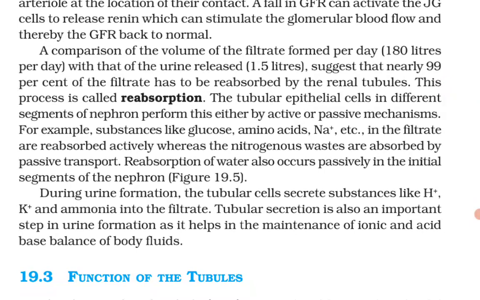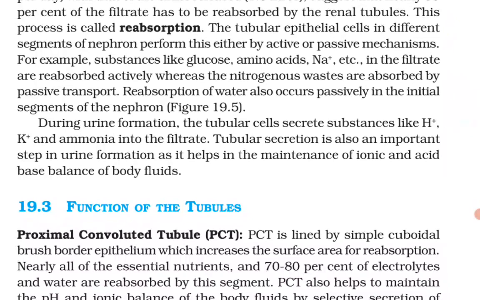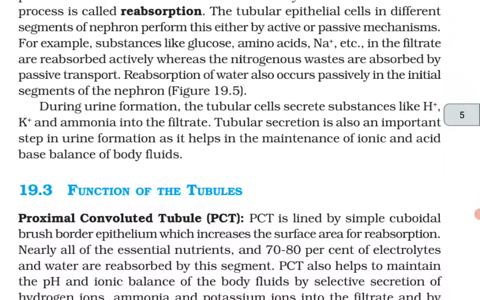For example, substances like glucose, amino acids, Na+, etc. in the filtrate are reabsorbed actively, whereas the nitrogenous wastes are absorbed by passive transport. Reabsorption of water also occurs passively in the initial segments of the nephron. During urine formation, the tubular cells secrete substances like H+, K+, and ammonia into the filtrate. Tubular secretion is also an important step in urine formation as it helps in the maintenance of the ionic and acid-base balance of the body fluids.